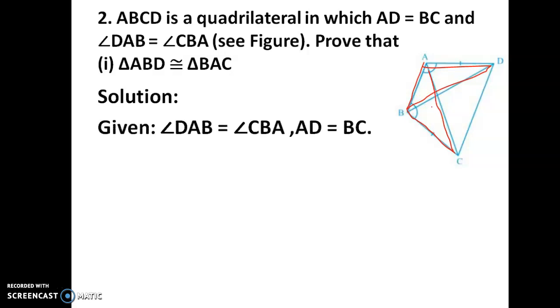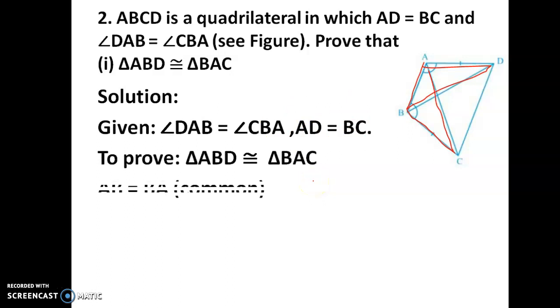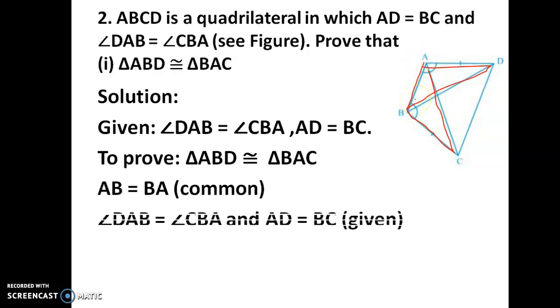So let's write the given. Angle A and angle B are equal and AD equal to BC, that is also given. To prove these two triangles are congruent, if you see what is common, AB is common for these two triangles. Both have the same base AB. Then these two angles are also equal, already given in the question.